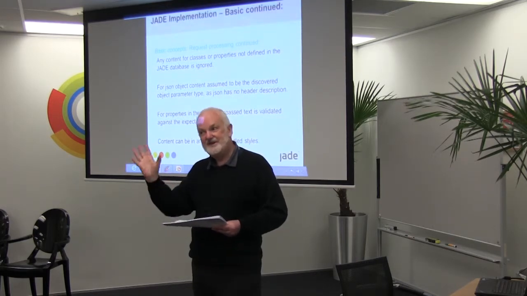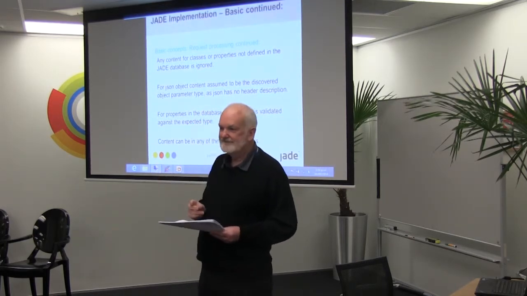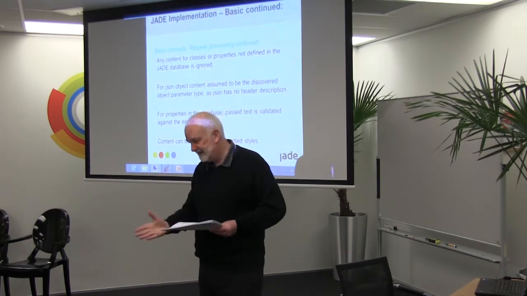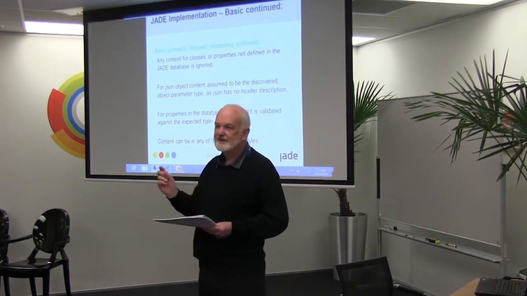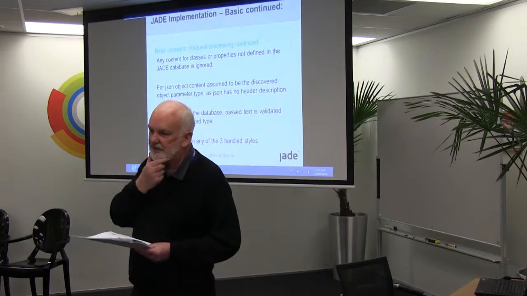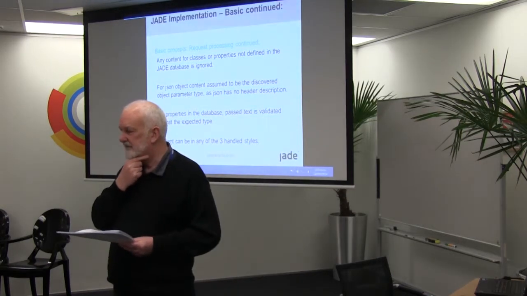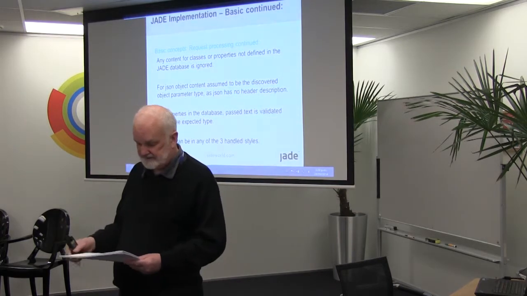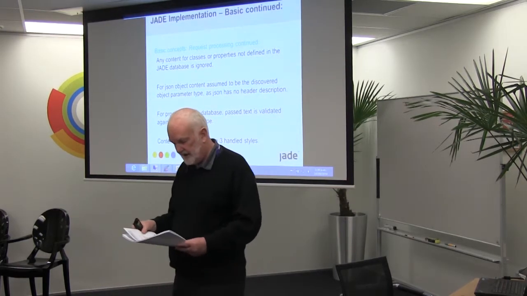But if somebody sent you the wrong message, then the first part is going to apply. We're going to say, oh, I don't know what that property is, I don't know what that property is. So there's scope for mismatches, let's put it that way. And it's a strange concept for me that JSON doesn't have a header to tell you what it is. Annoying as well.